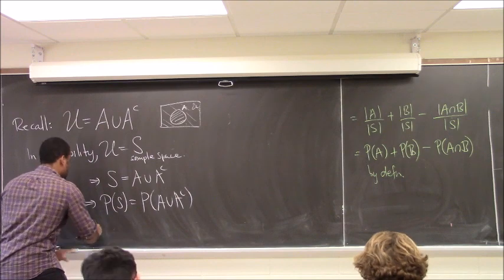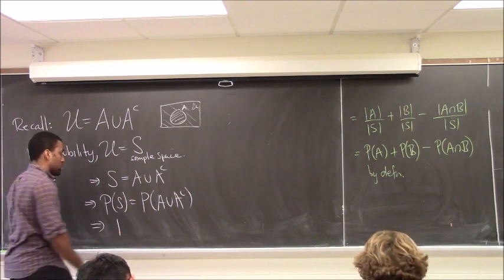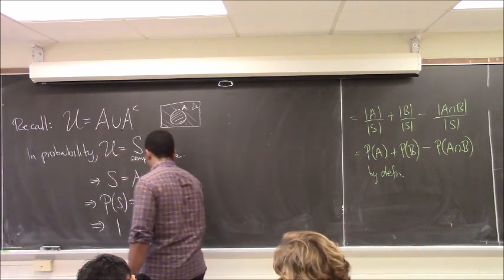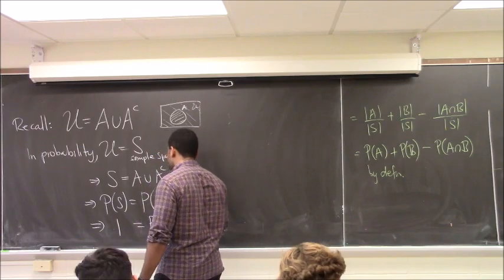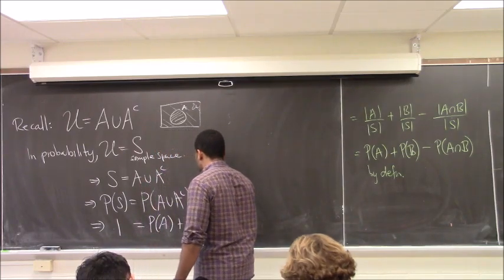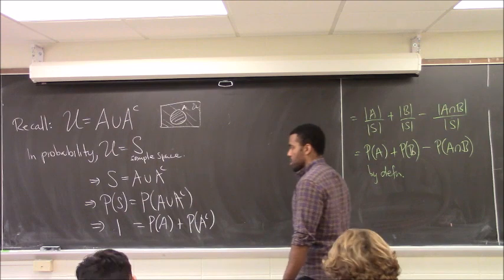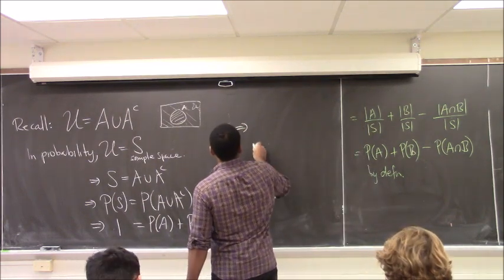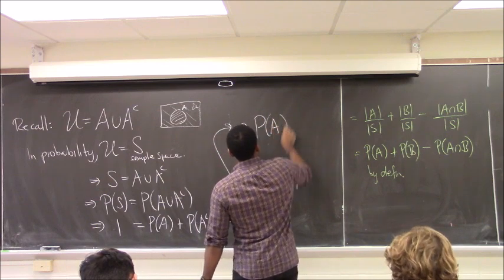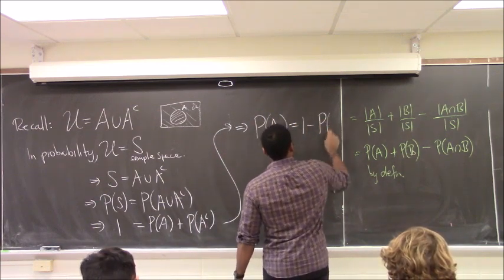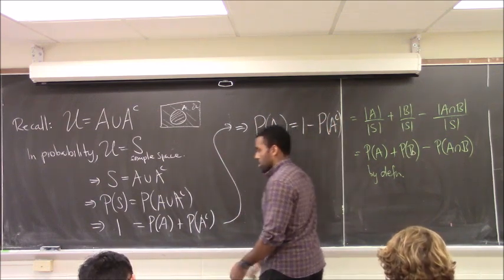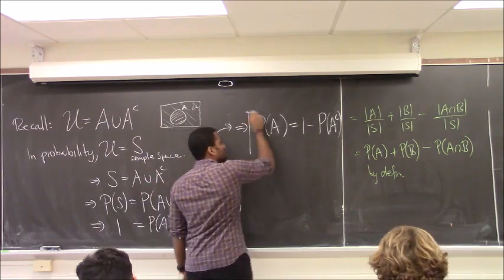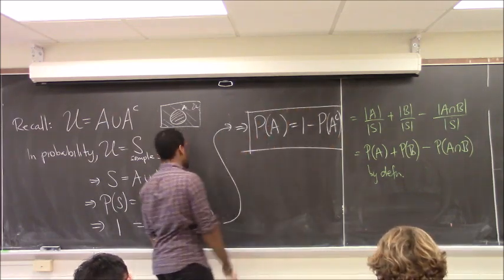Now, the probability of S is assumed to be 1 by our axiom. The probability of the union is going to be the sum of the probabilities because these guys do not have overlaps. A set and its complement are disjoint. So this means the probability of A is 1 minus the probability of A complement. This is an important equation. It's called the complement equation.